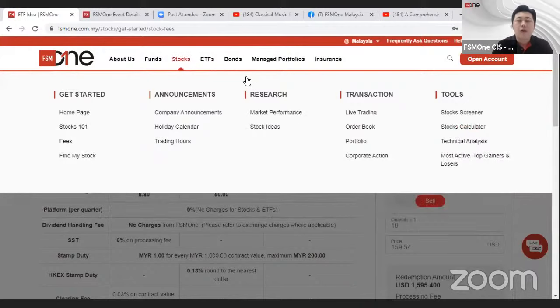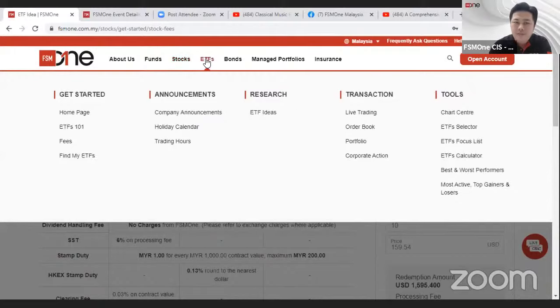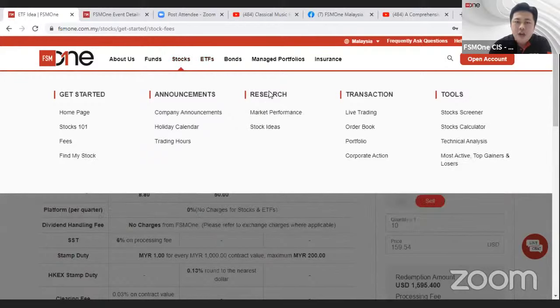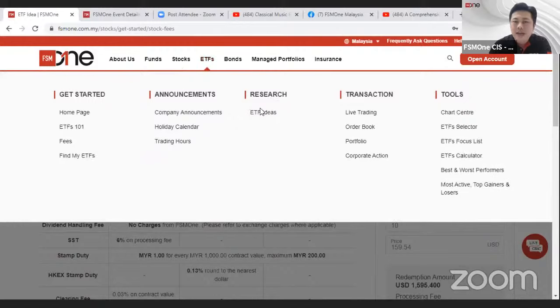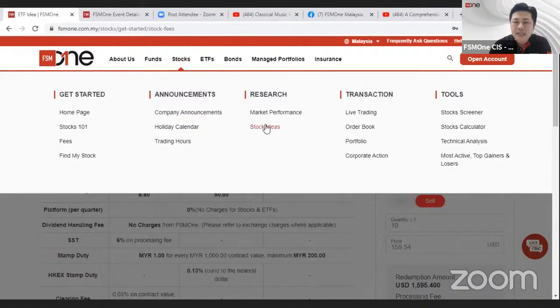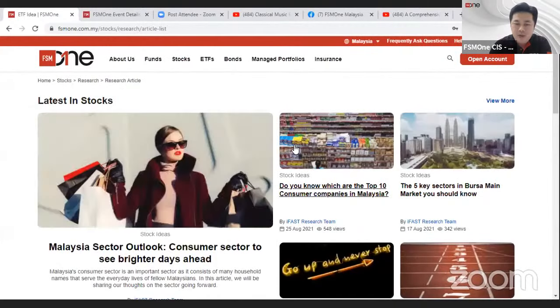For the stock and ETF platform, our company does not have any particular advisor who could advise you personally on which stock to buy and which ETF to buy. However, if you refer to the stock or ETF platform, under the research column, we do have the stock idea or ETF idea. Those are articles written by our regional research team.